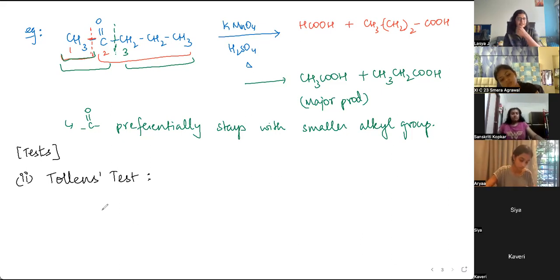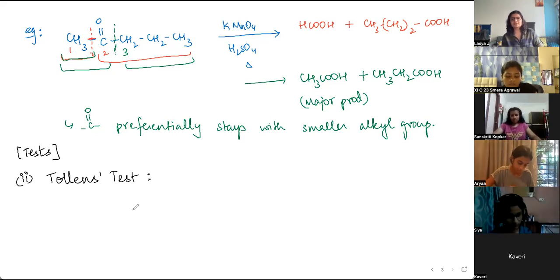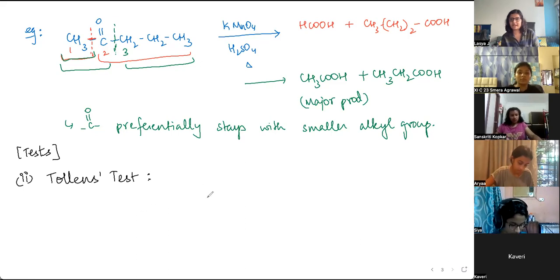These tests are kind of important. You have lab practicals also based on these reactions. Because they're named reactions and tests for different aldehydes and ketones, a lot of questions will be asked. These will also be taken as a hint.